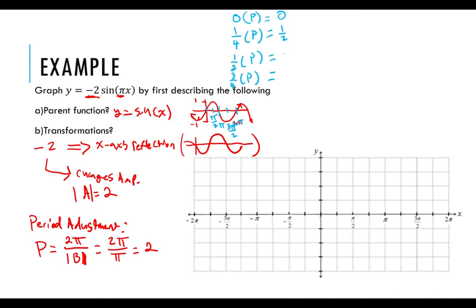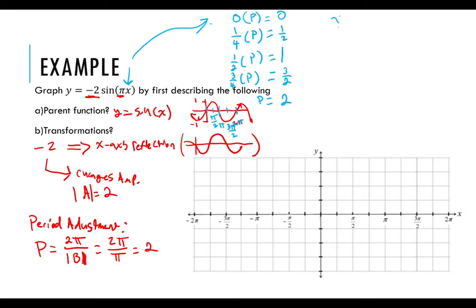Half of p, half of 2, is 1. 3/4 of p is going to be 1.5 or 3 halves. And then my full period is 2. So I claim that if you're trying to pick values for x to plug into this function, these are the x values that you would want to pick. If you plug them in and there's no phase shift, you'll get one complete cycle using peaks, troughs, and x-intercepts.